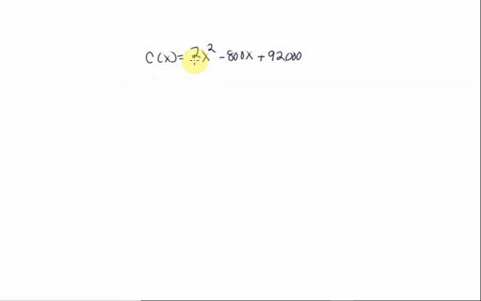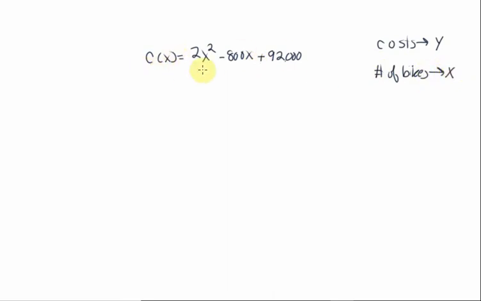Cost is what's coming out, so cost would be the y value. Now what's in there is x, and if you go back and read the problem, it said the number of bicycles. So the number of bikes is what's being put in there. That's the input. That's the x value.